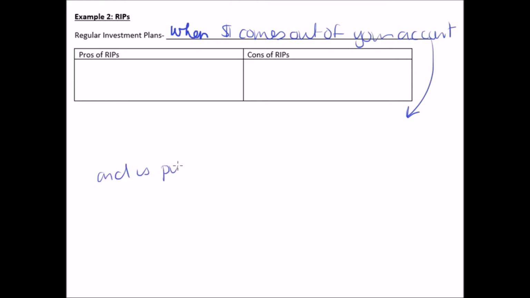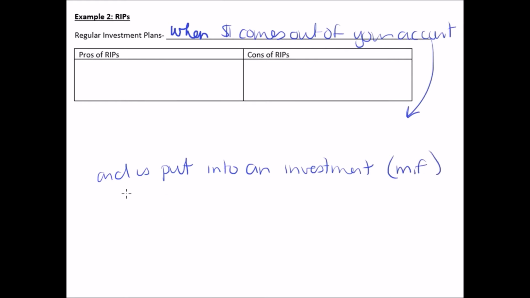Okay, and the last thing that I want to take a look at is regular investment plans. What are regular investment plans? This is when money comes out of your account and is put into an investment. Mutual funds is very common.